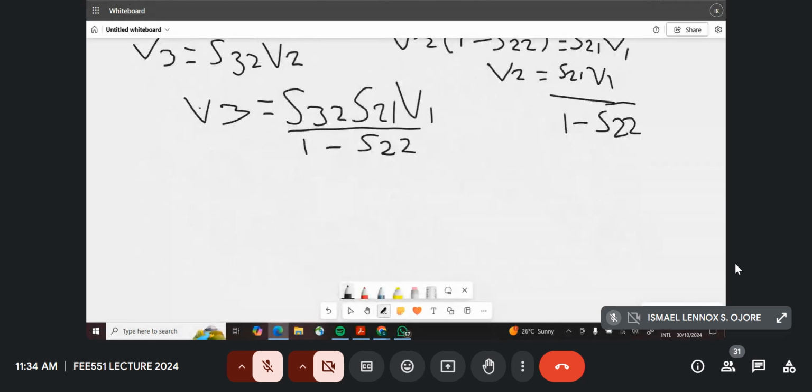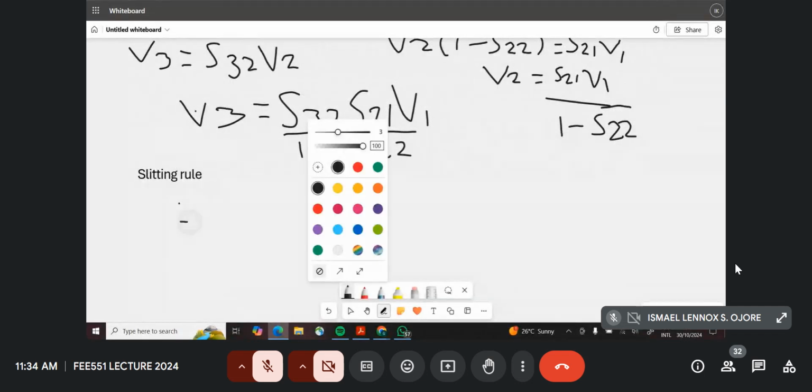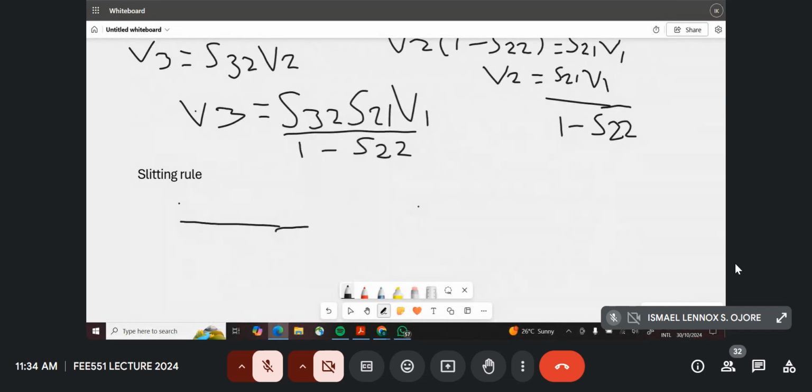And for the last rule, it's the splitting rule. So let me first draw the branches. V1, V2.